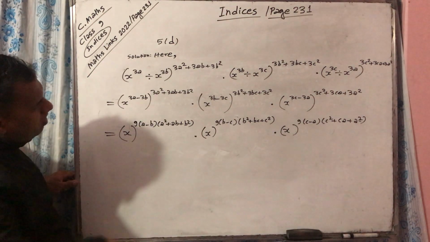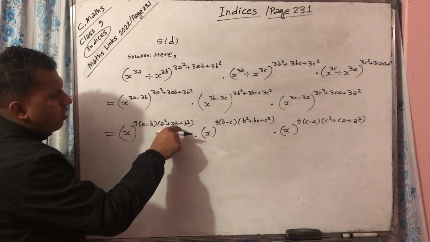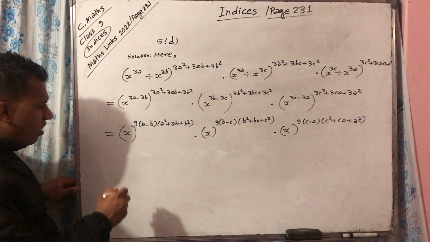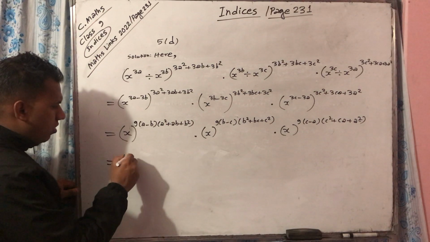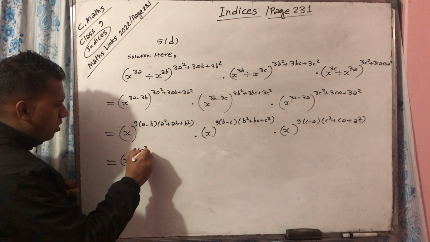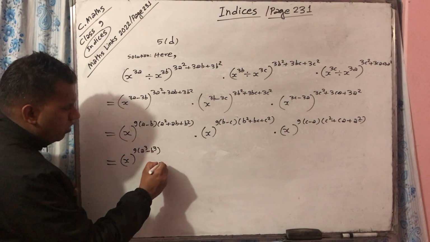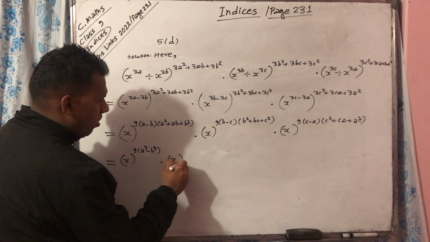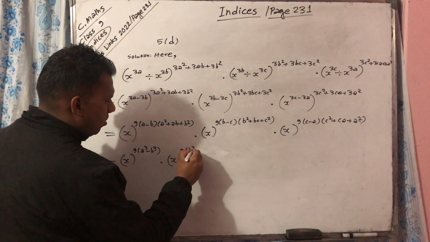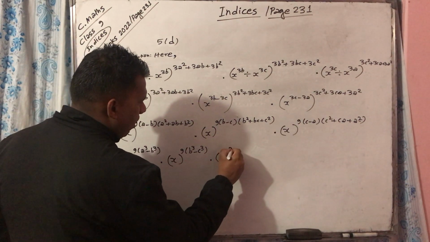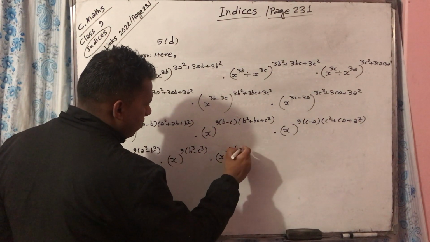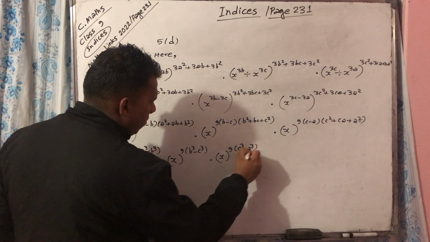Now (a minus b)(a square plus ab plus b square) makes a cube minus b cube form in all parts. So x to the power 9 times (a cube minus b cube) multiplied with x to the power 9 times (b cube minus c cube) multiplied with x to the power 9 times (c cube minus a cube).